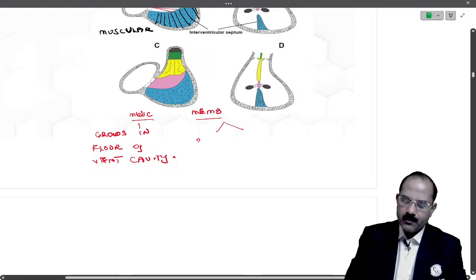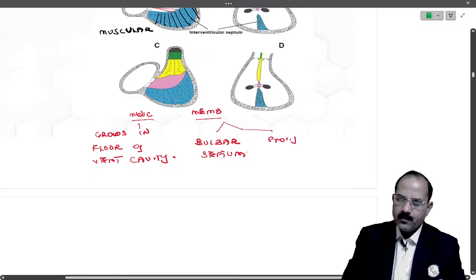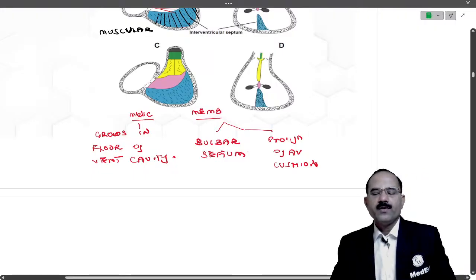The membranous part is derived from two sources. One is known as the bulbar septum, which is formed in the conus, and the second one is the proliferation of the AV cushion. Clear, children?